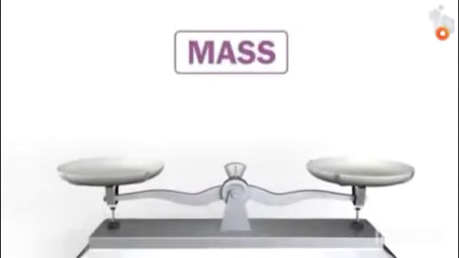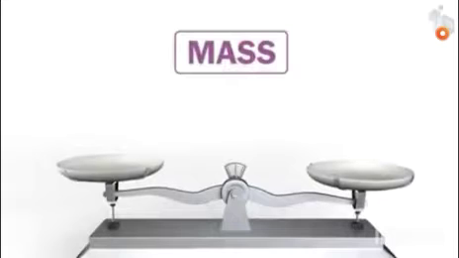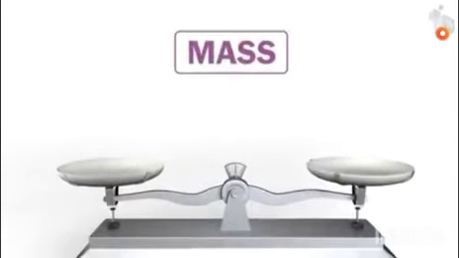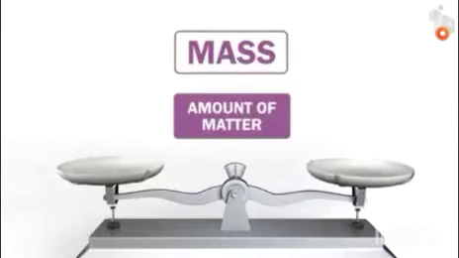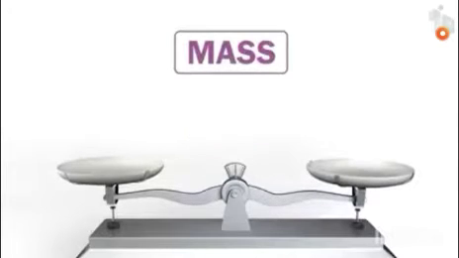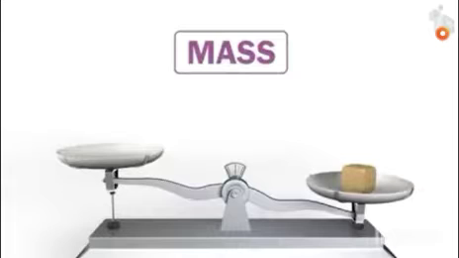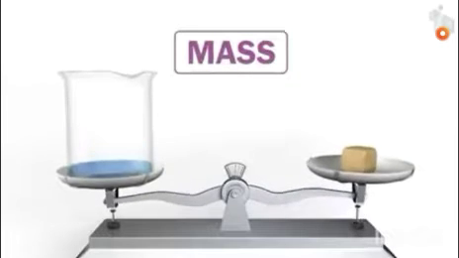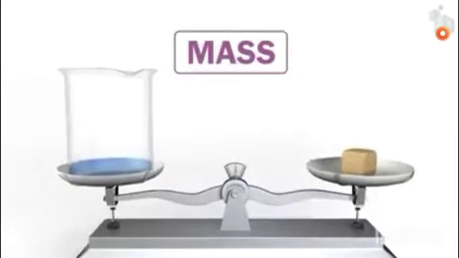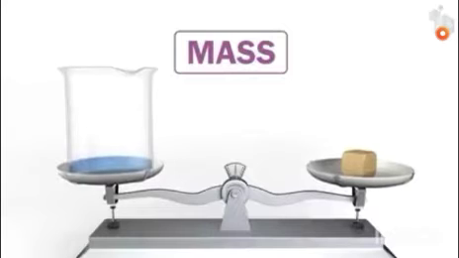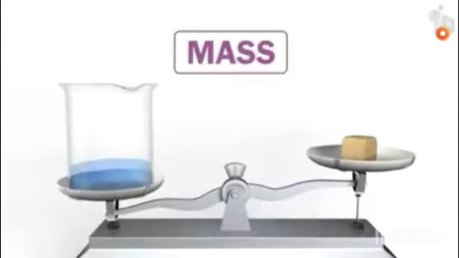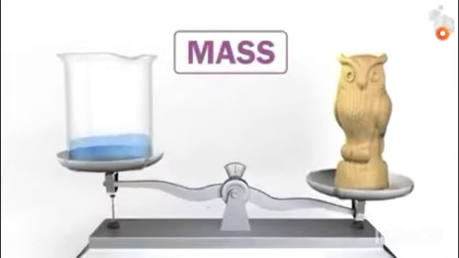Let us now see what is mass. Mass, when you take an object in a weighing pan, is the amount of matter present. So for example, if you take a small object, the weight of that will be small as compared to the mass of the greater object. As the size increases, the weight increases. So this is called mass.